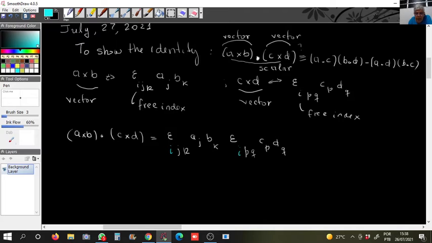Now, this dot product, the whole product, is a scalar. There is no free index.